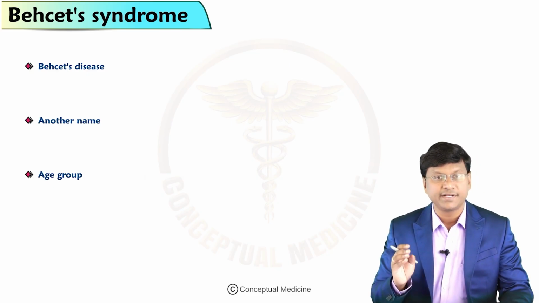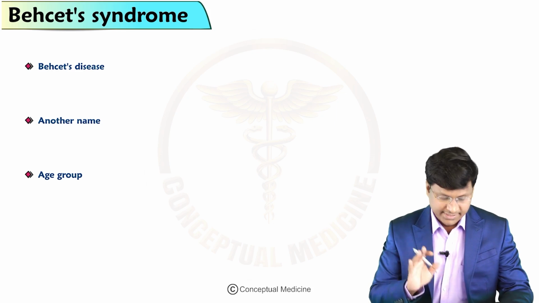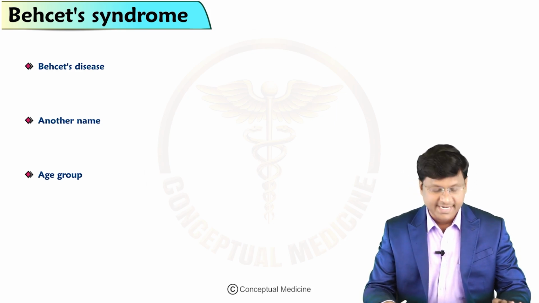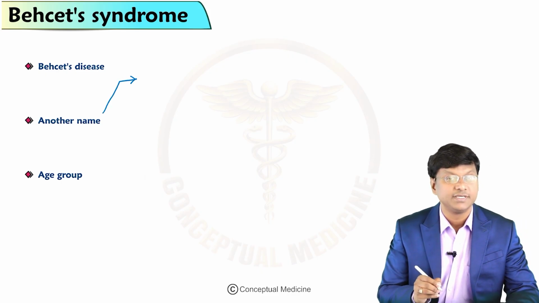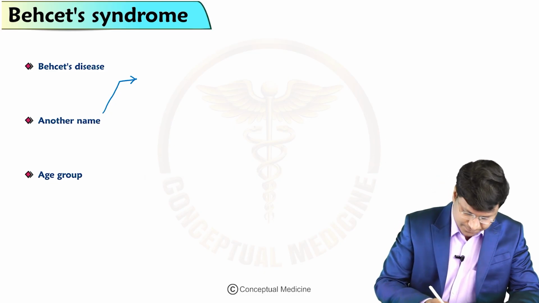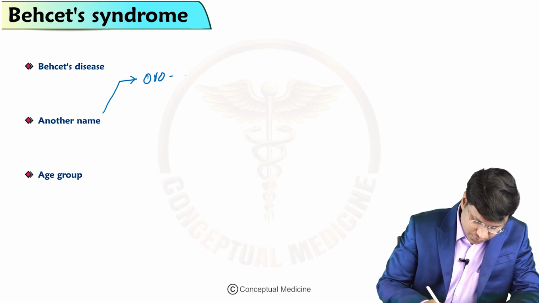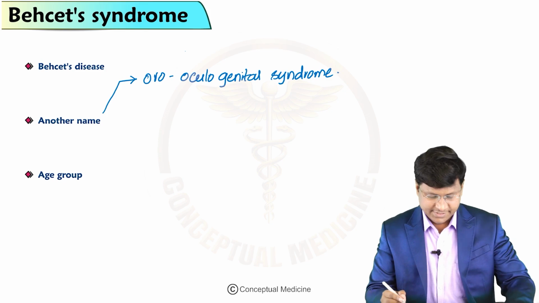And not only recurrent oral aphthous ulcers, there are also recurrent genital ulcers that you will see in patients with Behcet syndrome. And that is the reason why another name for it is oro-oculogenital syndrome.